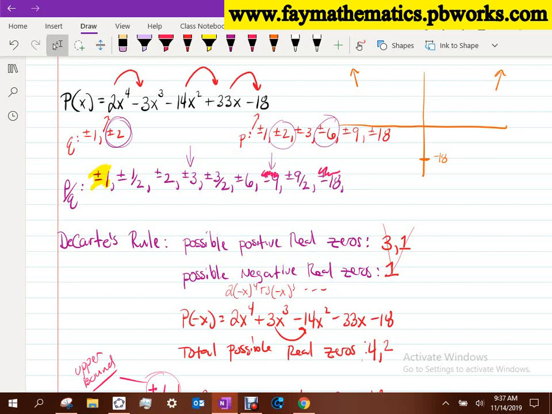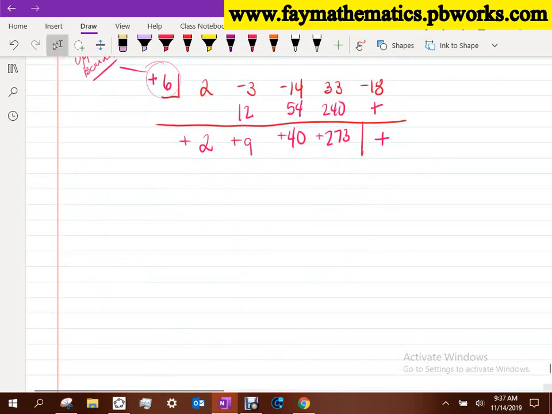And now, if you're not paying attention, you can absolutely do this work without knowledge of Descartes' rule of signs and the upper and lower bound theorem. But you're going to be very inefficient in doing them if you're not paying attention to that stuff. Does that make sense? So in the past, I've had people not pay attention to that.